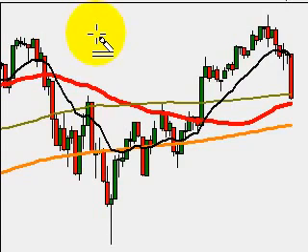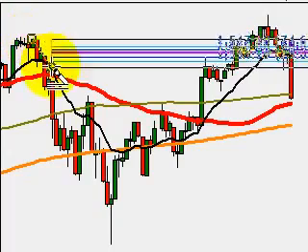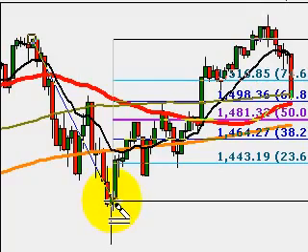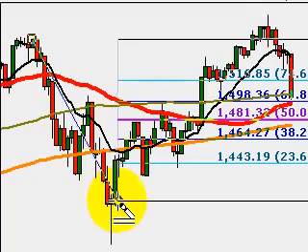Some of the most common would be, for example, Fibonacci ratios, Fibonacci retracements, things like that. You're looking at the market moving in ratios and in certain consistent percentages. So, for example, just the most basic thing that pretty much everybody knows would be a Fibonacci retracement.